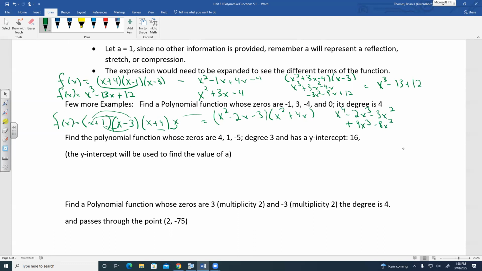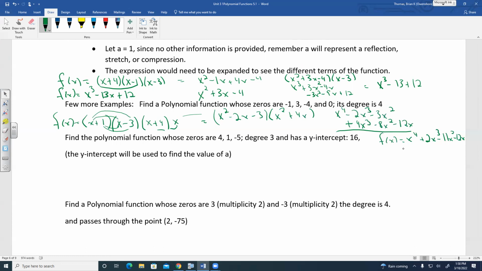And minus 12x. So if I put that all together, f of x is going to equal x to the 4th plus 2x to the 3rd minus 11x squared minus 12x would be the expanded form of that.